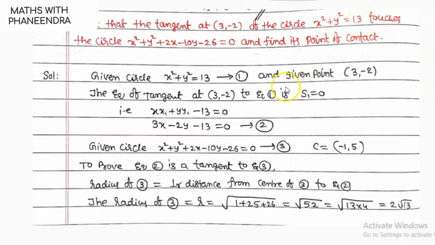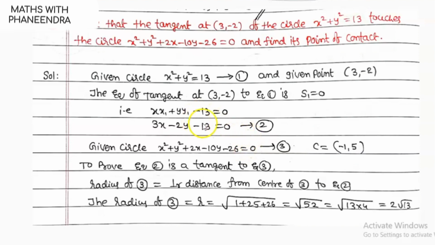After that, what we have to do? This equation of tangent is again a tangent for the second circle. Given second circle is x^2 + y^2 + 2x - 10y - 26 = 0. This is the second equation of circle.